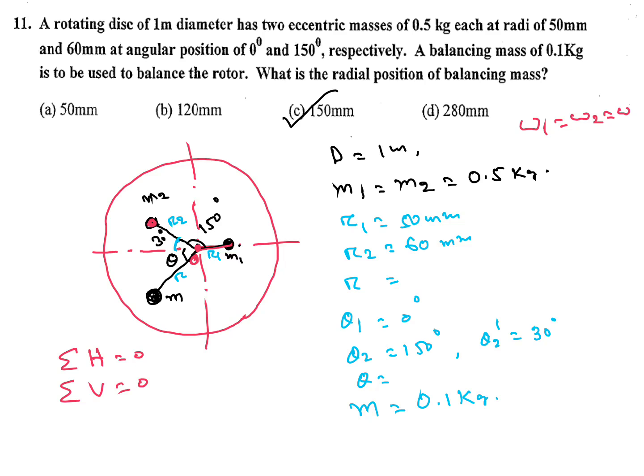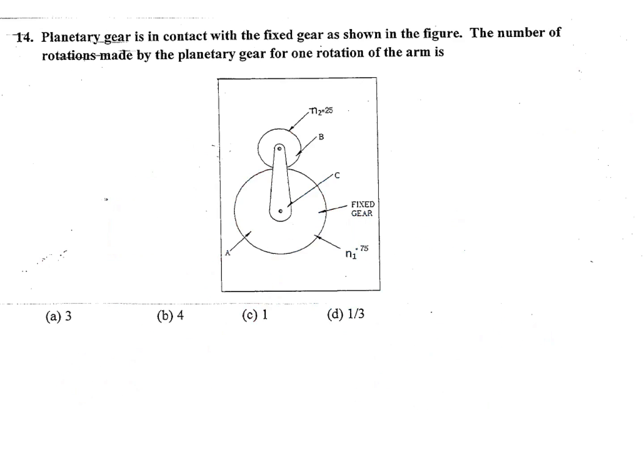Planetary gear is in contact with the fixed gear as shown in the figure. The number of rotations made by the planetary gear for one revolution of the arm. This is the arm, 1 revolution, and fixed gear is A, arm is C, this gear is fixed.